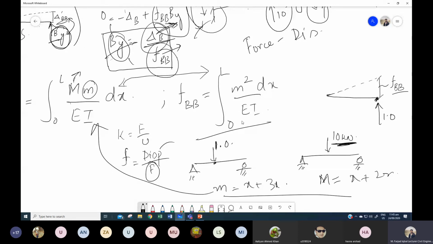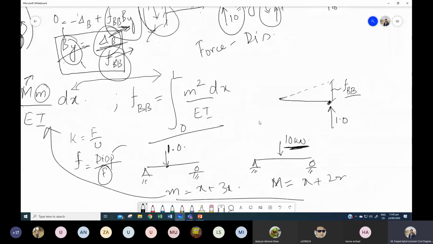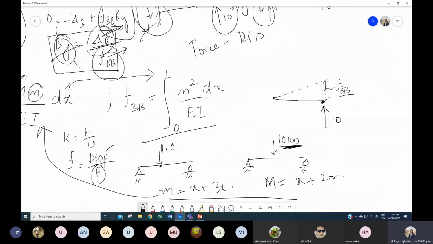But if you want to calculate the flexibility, now flexibility is already the displacement per unit force. So in the case of flexibility, your original beam will have a unit force acting on it.